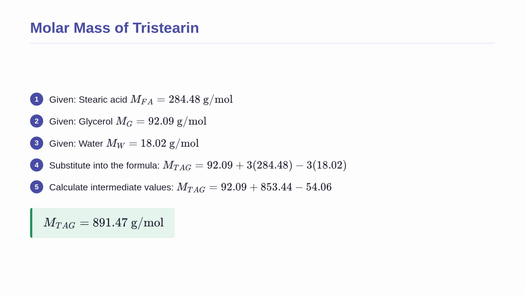We substitute these known values into our equation. We multiply the mass of stearic acid by 3 because there were 3 fatty acid tails. We also multiply the mass of water by 3 because 3 water molecules are expelled. The final molar mass of tristearin is 891.47 grams per mole. This physically demonstrates how the reaction conserves mass while expelling water.